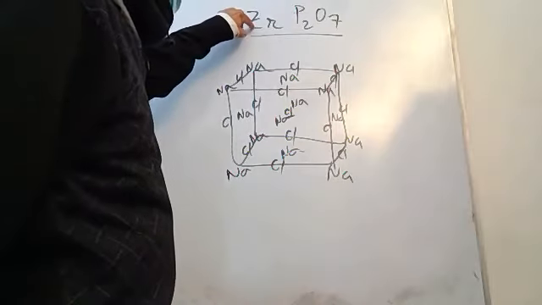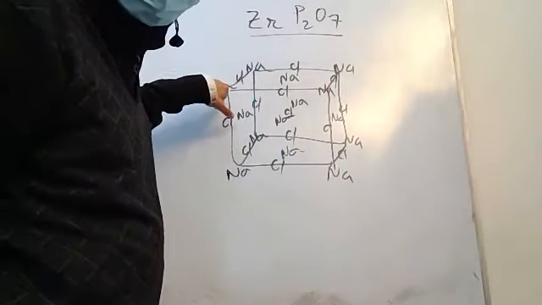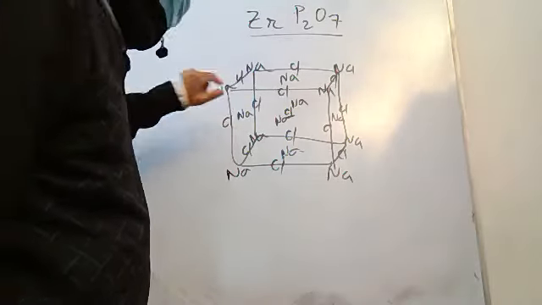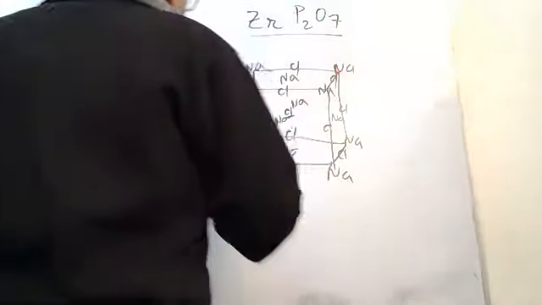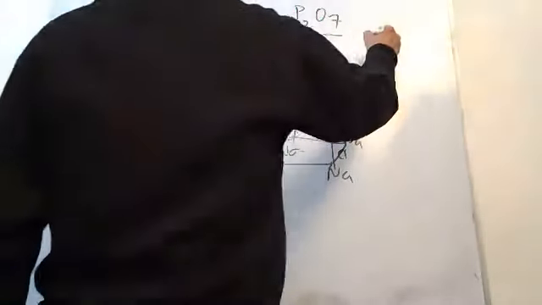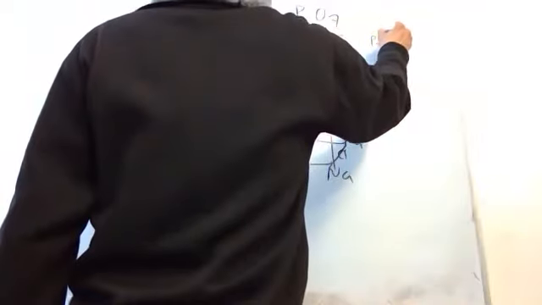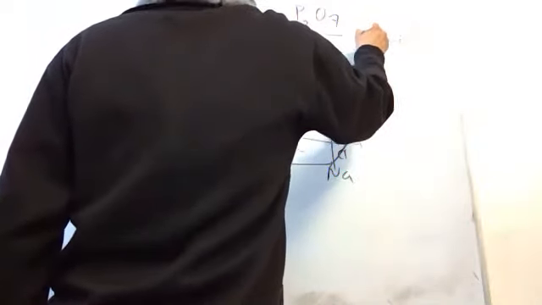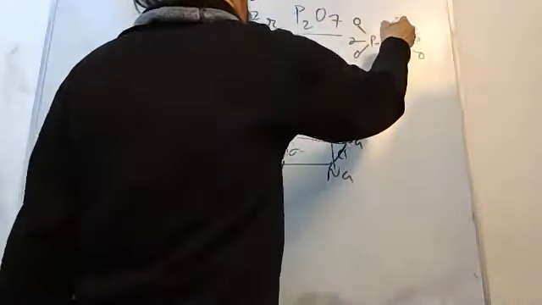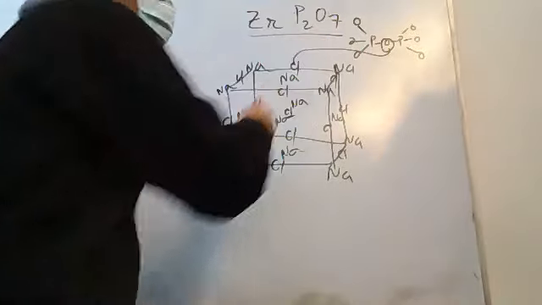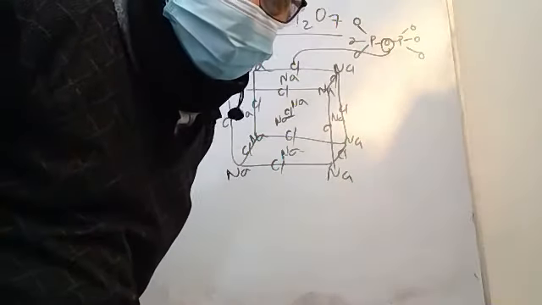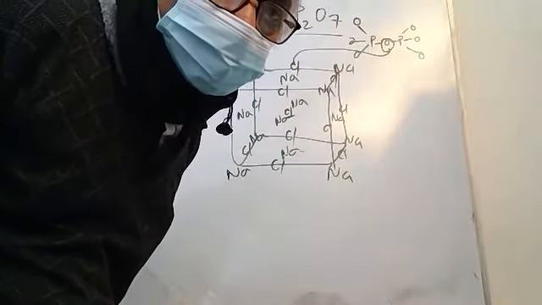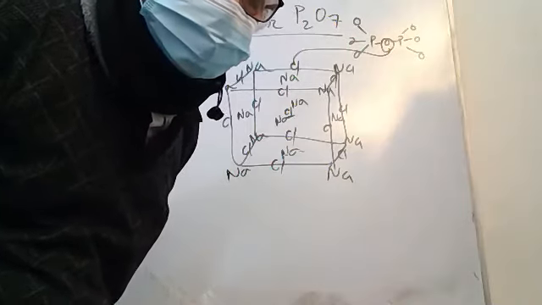So where there is sodium, the zirconium replaces the sodium here, and in the P2O7, you can write it as a POP. It's a diphosphate ring with an oxygen bridge here. Now, if you put that bridging oxygen onto the chloride side, the resulting structure is the structure of zirconium pyrophosphate.